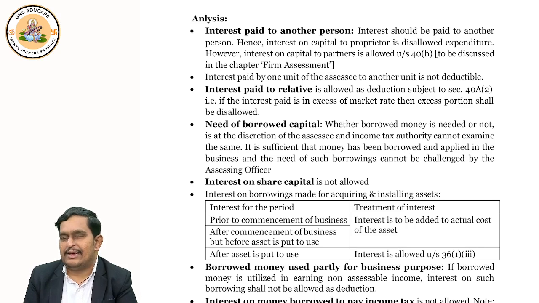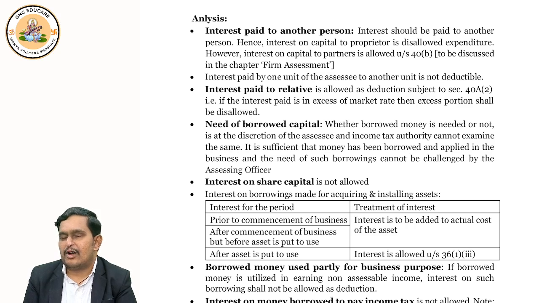Similarly, like we discussed in section 30 also, if you remember, if a partner has given property on rent to the firm, that rent also is an expenditure for the business and they can claim deduction. And for the partner, it becomes income from house property. Okay, we discussed this.